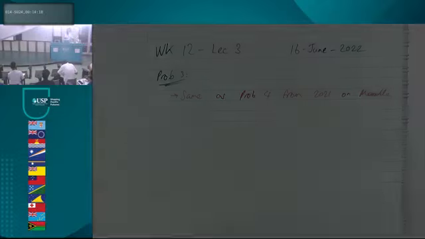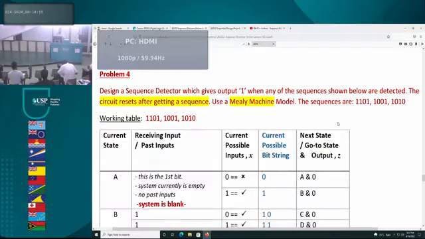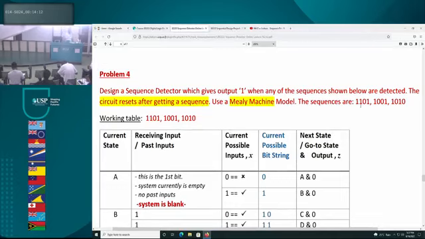So what is it? 1101, 1001, and 1010. Okay, so detect any of 1101 or 1001 or 1010.